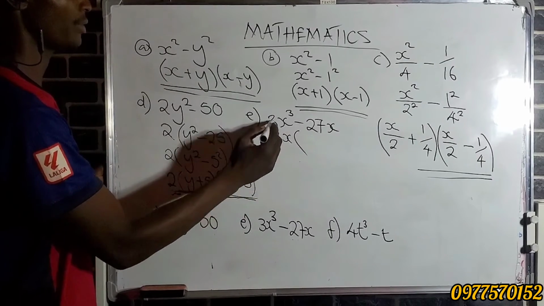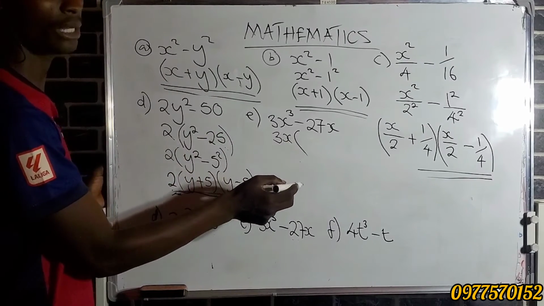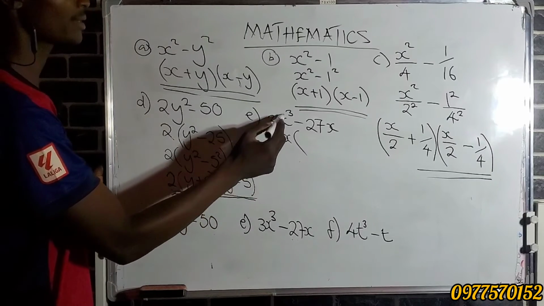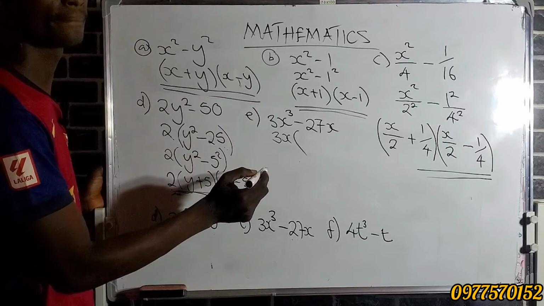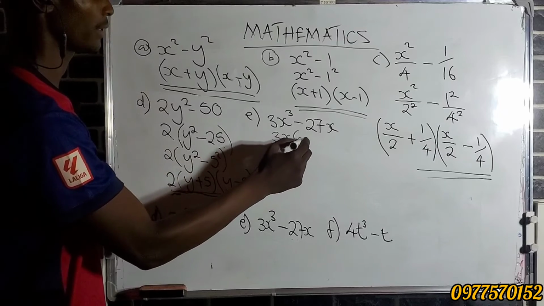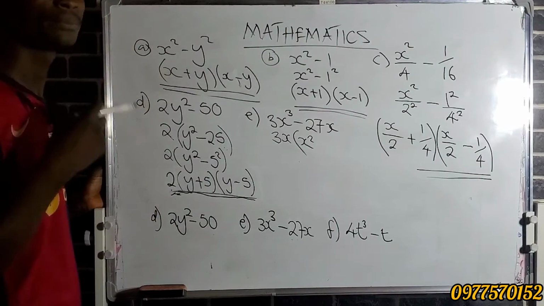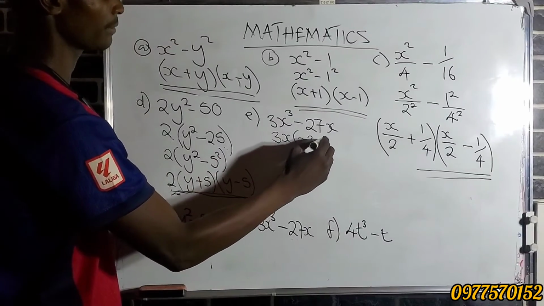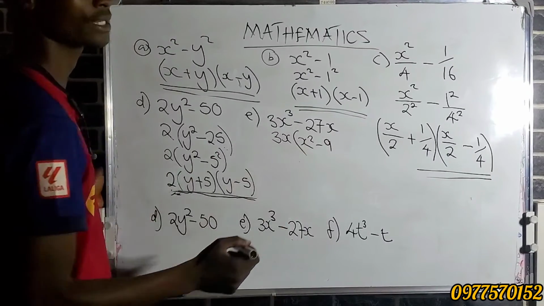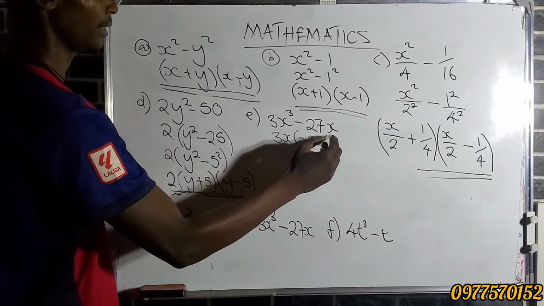Yes. Then 3 into 3, we remain with an invisible what? 1. Then x into x to the power 3? Squared. x squared. Good. Then 3 into negative 27? Negative 9. Then x and x will what? Cancel. And then you close.